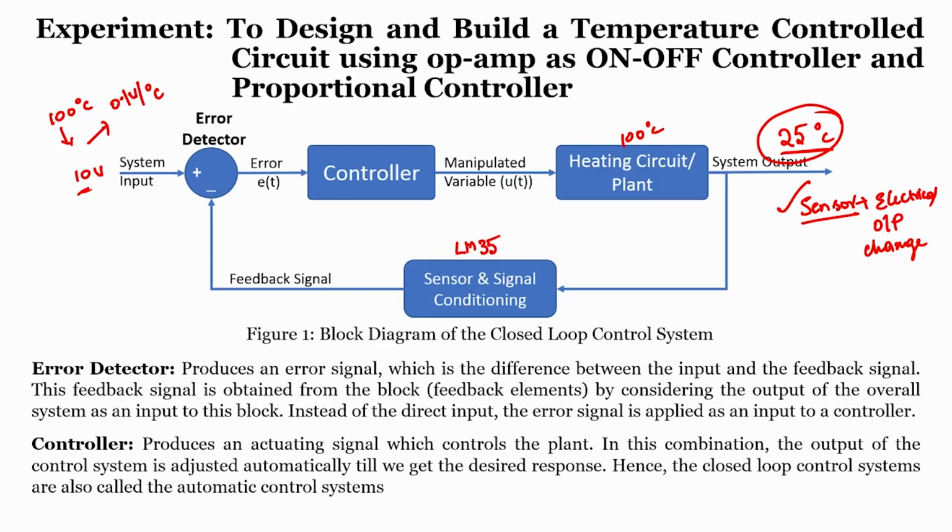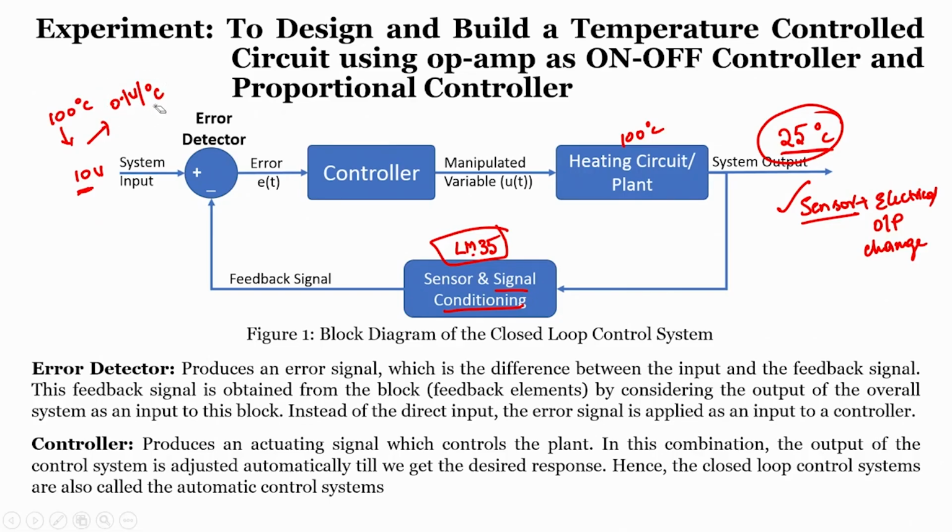Now, why do we require signal conditioning at this point? Of course, LM35 will also give an electrical output voltage, but it is not guaranteed that the output voltage we get from the sensor is equivalent to the factor that we have decided here. It may or may not be equal.